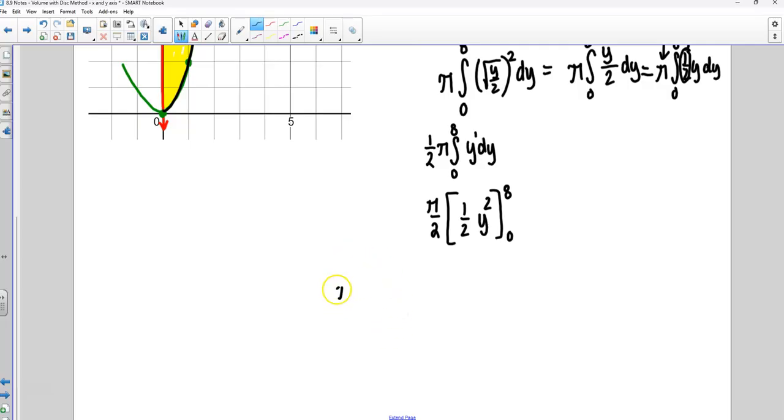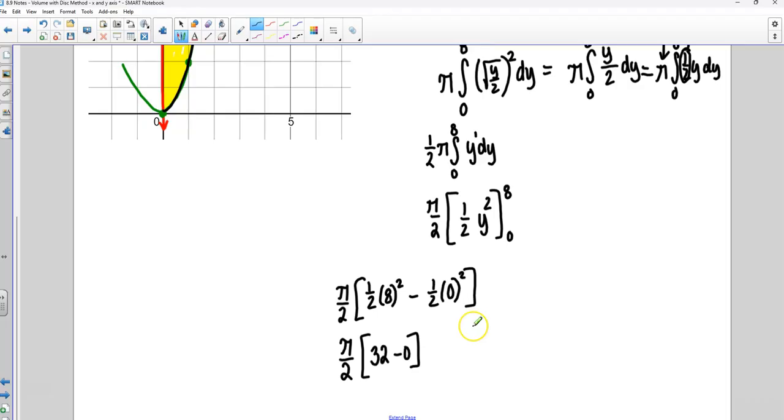Then I've got pi over 2 times 1/2 times 8 squared minus 1/2 times 0 squared. 8 squared is 64. Half of 64 is 32. This is just 0. So I've got pi over 2 times 32, which I can put over 1. That gives me 32 pi over 2. 32 over 2 is 16. So I get 16 pi.